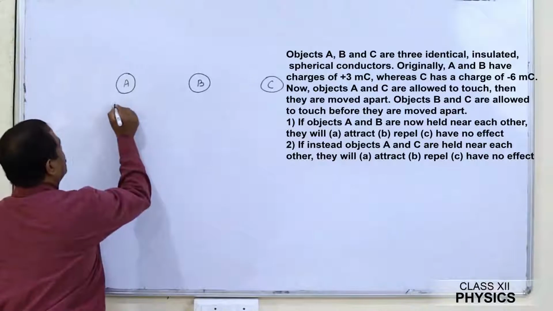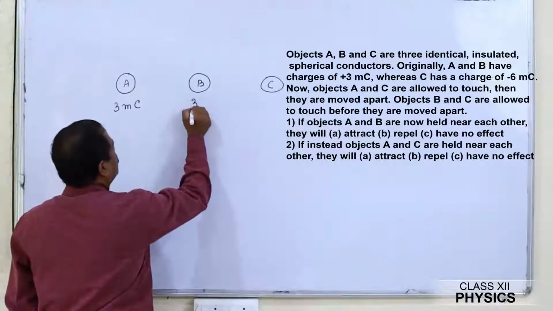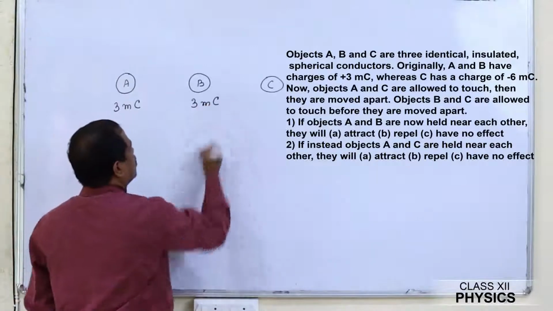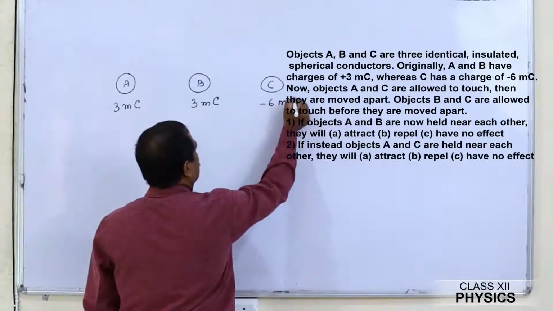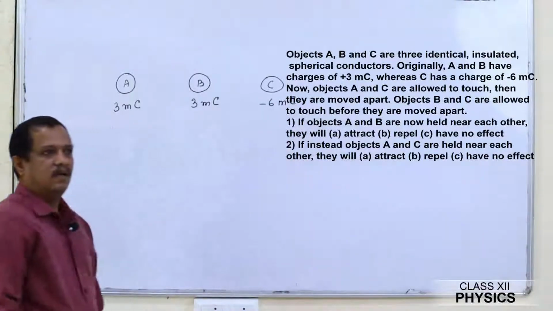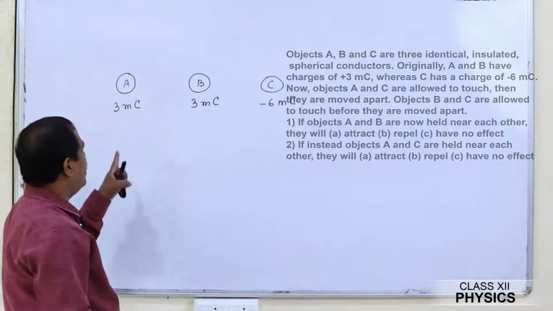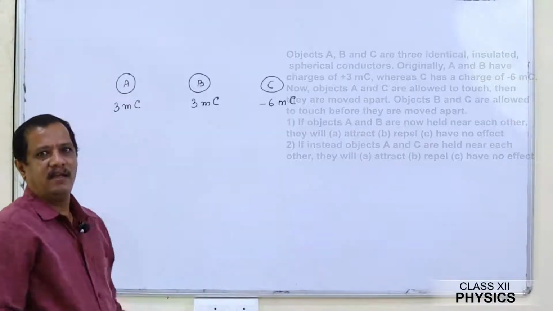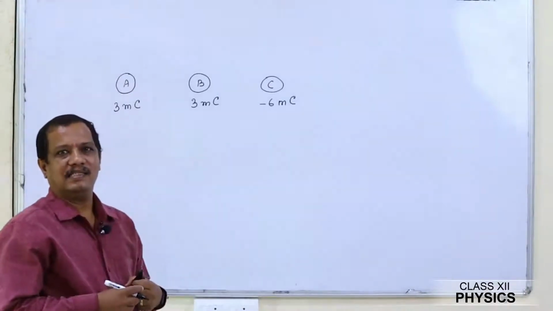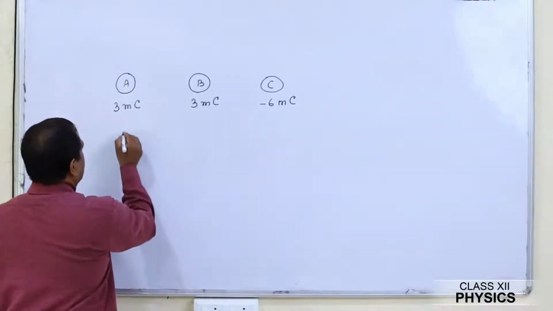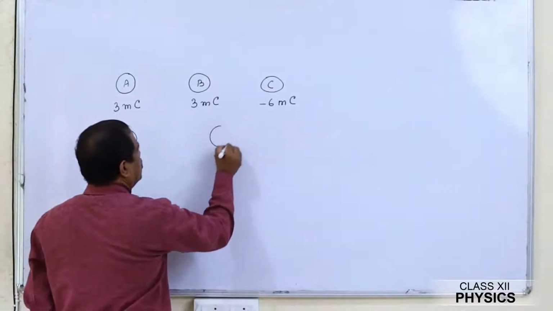Also assume that body A has 3 millicoulomb charge, body B has 3 millicoulomb charge, and body C has minus 6 millicoulomb charge. At the very first instance, body A will touch body C.